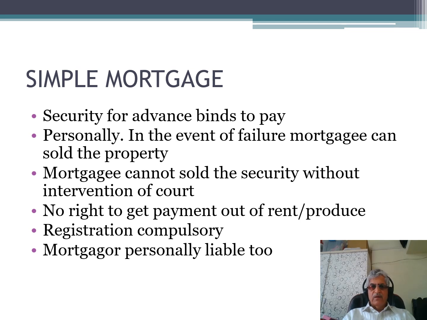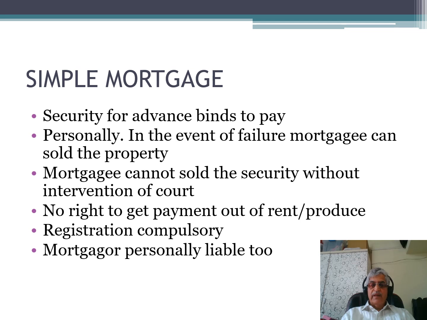No. If there is a default on payment, then it should approach the court. That is the final step, and after obtaining the decree, it can be sold. Then in this document, registration is compulsory. The mortgage document is compulsory in the simple mortgage.